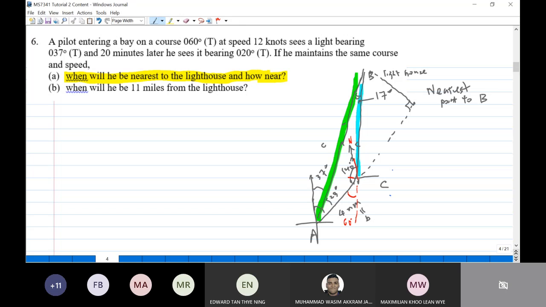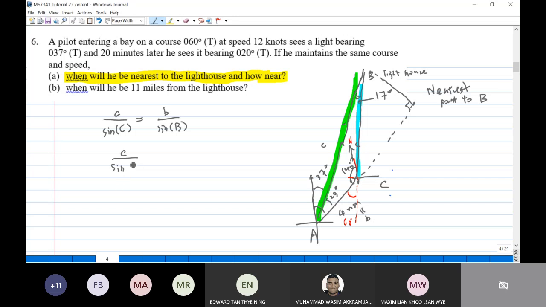So I can use C over sine of angle C is equal to B over sine of angle B. Okay, so that will give me C over sine 140.